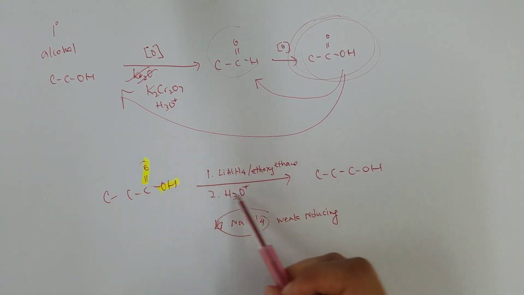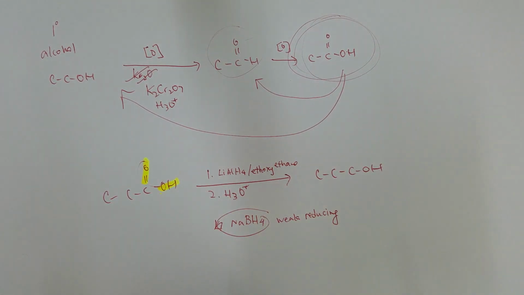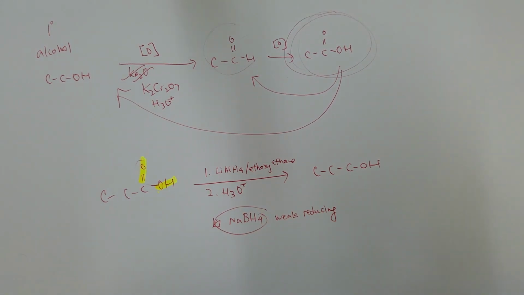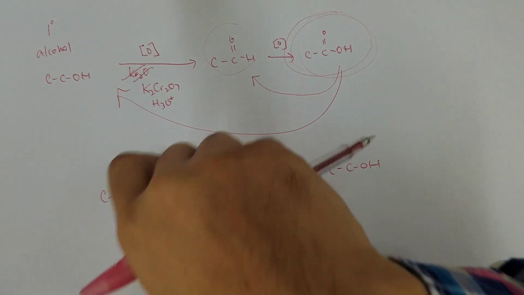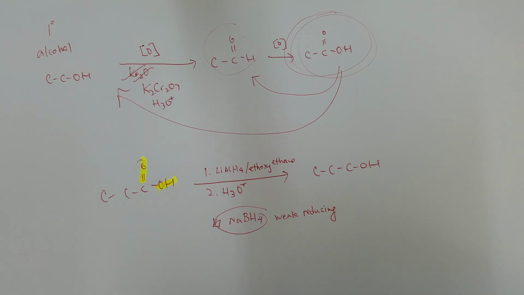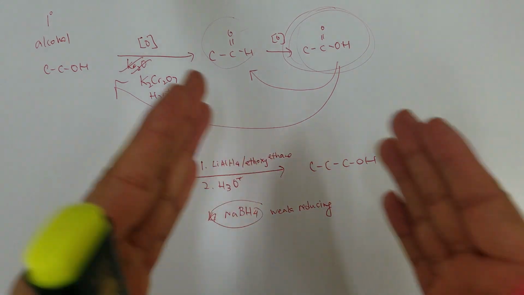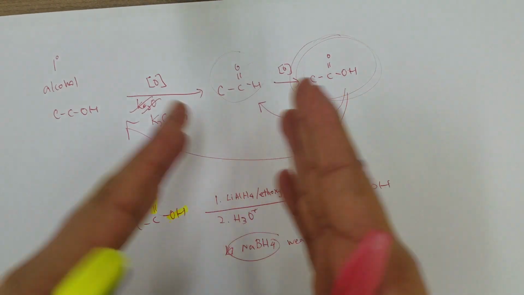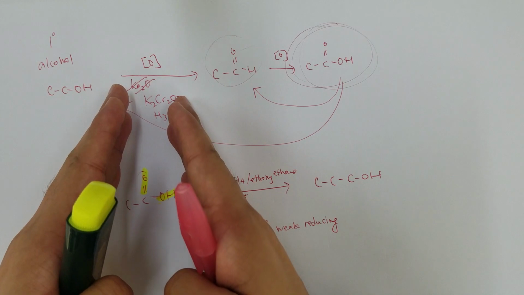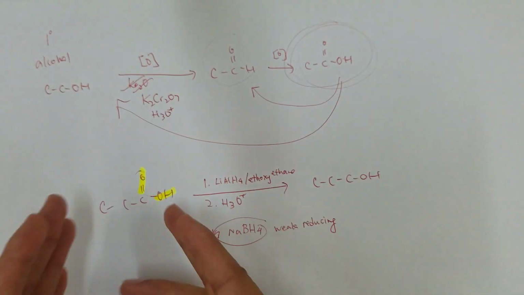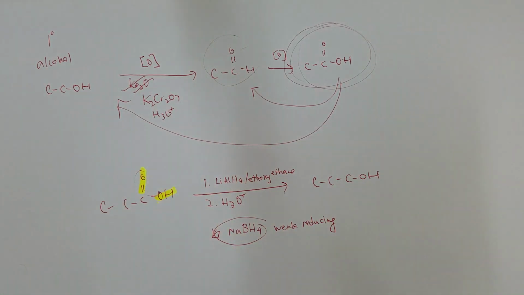So you have to memorize this one. Whenever we are given any form of carboxylic acid and I add a reducing agent, I will always get a primary alcohol back. So this is another reaction for how to form alcohol from acid. We have learned how to form acid from alcohol by using an oxidizing reagent. In this case, we move it back using a reducing agent.